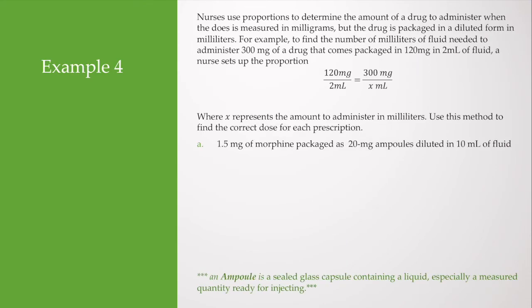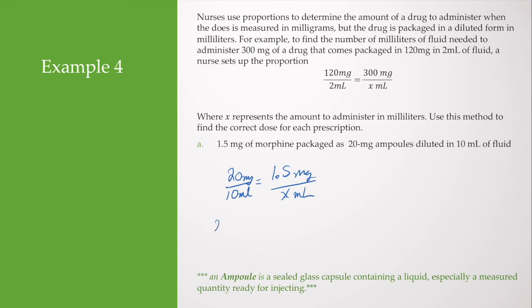So 1.5 milligrams of morphine, oh, I can pronounce that one, packaged as 20 milligram ampoules diluted in 10 milliliters of fluid. So I have 20 milligrams per 10 milliliters, and I want to administer 1.5 milligrams, and I need to figure out the milliliters. So I'm going to cross multiply.